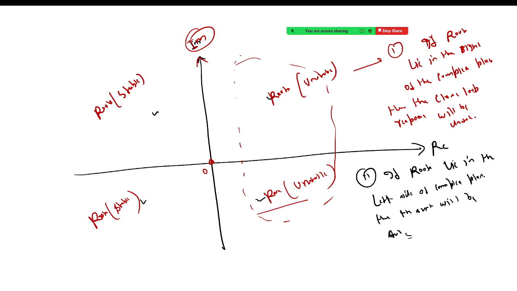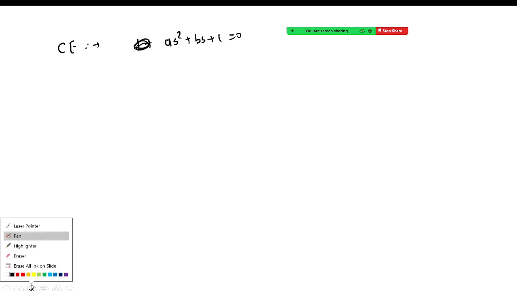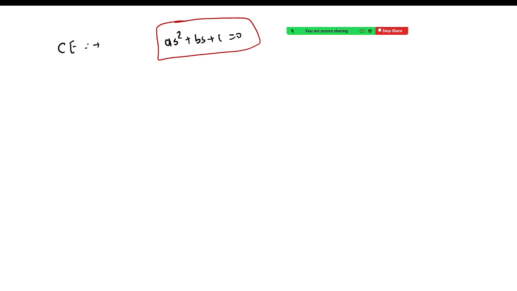So this one is the case when, I mean, the thing is that if characteristic equation is like that, 1 plus as square plus bs plus c is equal to 0, if this kind of characteristic equation is there, then it is very easy to calculate the root.